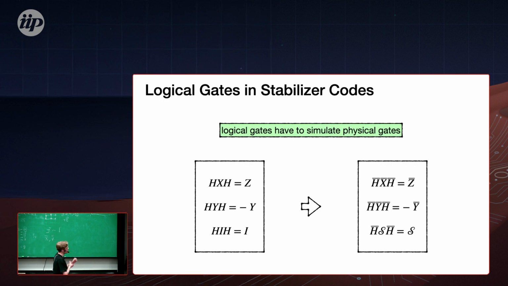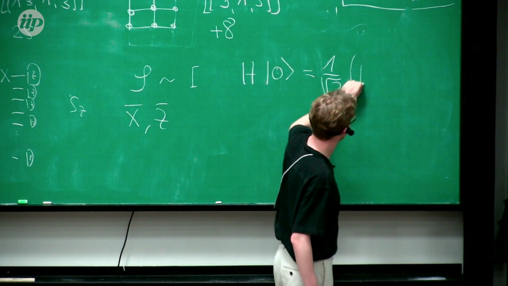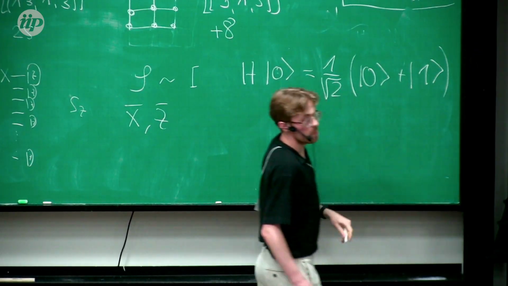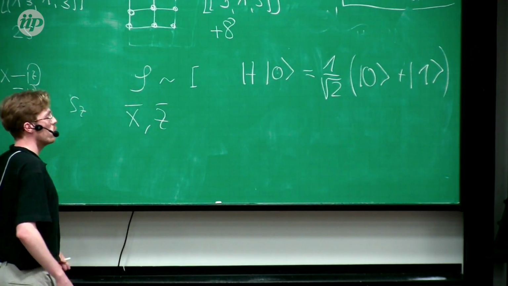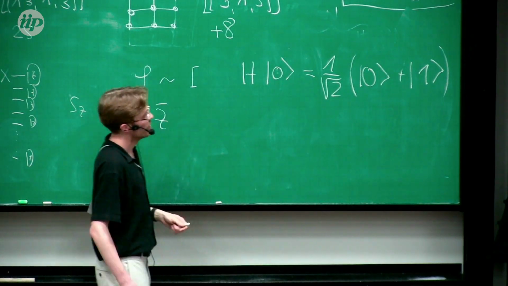I will focus for now on the Hadamard gate. So the Hadamard gate on the physical level, we know that the Hadamard gate on a 0 state transforms it to the superposition 0 plus 1. But in the stabilizer formalism, we don't want to look too much at the states. We want to look at the operators.